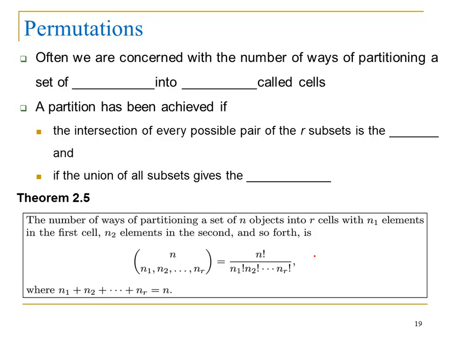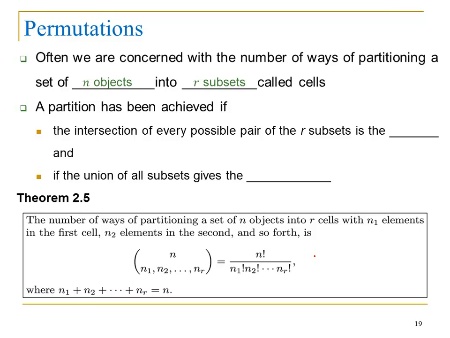Now let's look at a different type of problem. So often we are concerned with the number of ways of partitioning a set of n objects into r subsets, which are called cells. So let's say we have 100 students and we want to separate them into different classes.